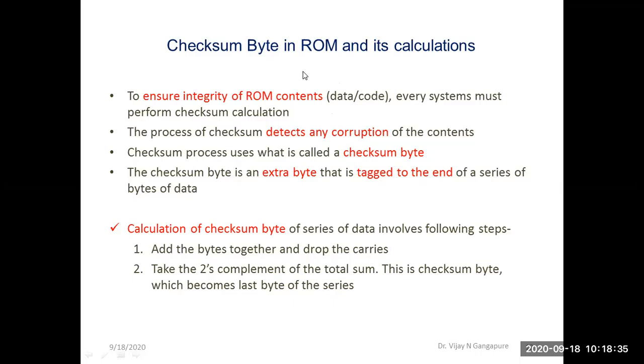Once we feel the program is ready, we write its hex file, consisting of a series of bytes, that is the program, into the program ROM of the microcontroller. For that we use some third-party software to write or burn that hex file into the program ROM.